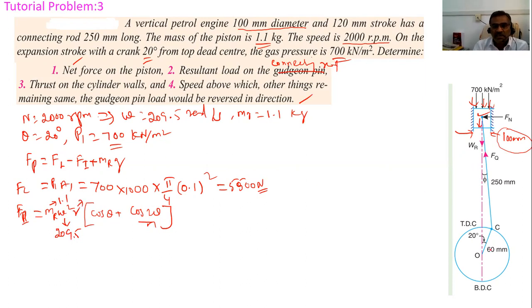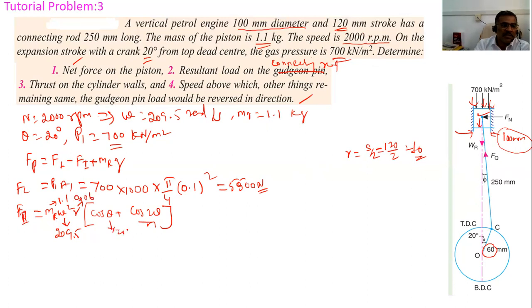R, radius of the crank, is 60 millimeter because the stroke is given. Stroke is 120. The relation between R and stroke is R is equal to S by 2. From that, 120 by 2 is equal to 60. So 60 you put in meter, that is 0.06.